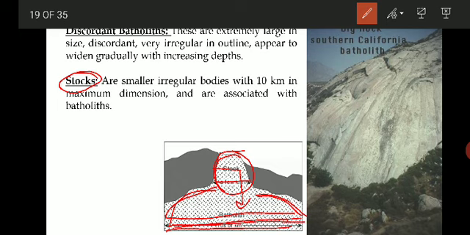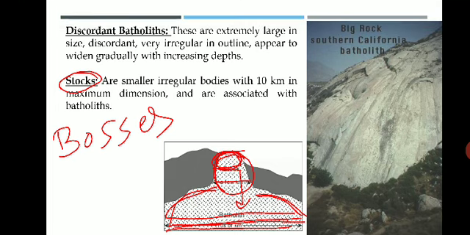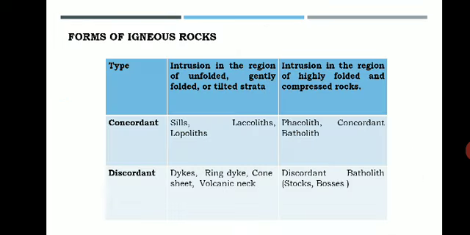And if it is large in dimension, then we use the word batholith. Then there is one more word called bosses. Bosses are again similar to the stalks, but those stalks which have a circular outcrop on the surface are called bosses. So these are again the discordant forms of the igneous rock.